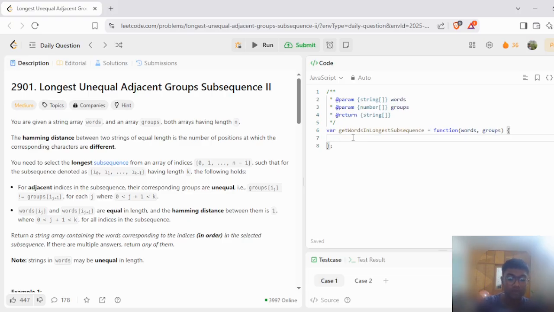Okay, so we are going to start off with two constant variables, getting the length of the words, and we are going to create a function which calculates the difference. Let's call this check difference. This would be for the hamming difference which should be equal to 1 as per the second criteria. And let's say this function takes s1 and s2.